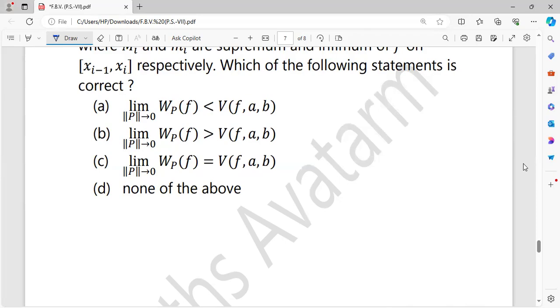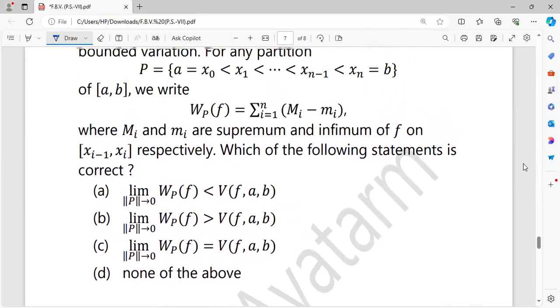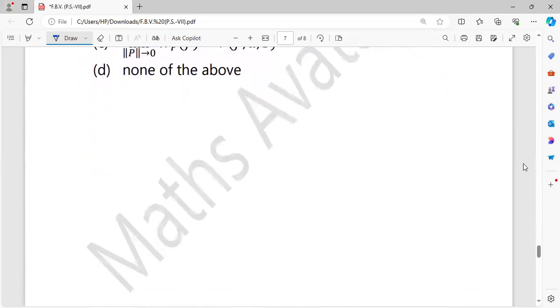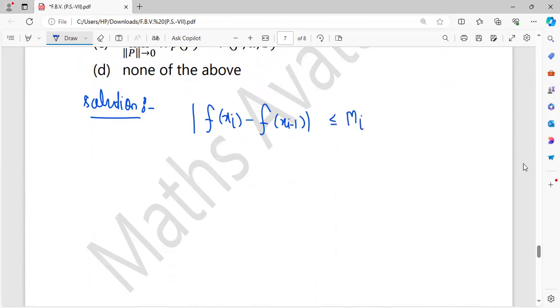Okay. So let's see. You see that capital Mi is supremum and small mi is infimum. So we will have this one. This is less than capital Mi minus small mi, always.